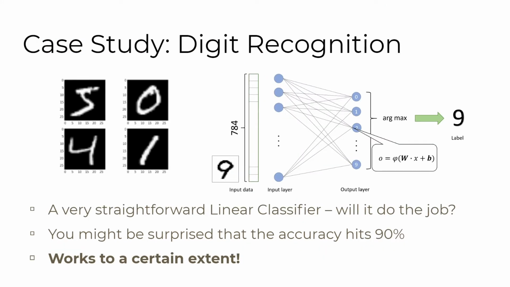In the case of digit recognition, you have input data and an input layer, and then you just feed it to a feed-forward neural network, train it, and then you have a digit classifier. It works to a certain extent, and you might be surprised that the accuracy is quite high, around 90%, but surely we can do better.